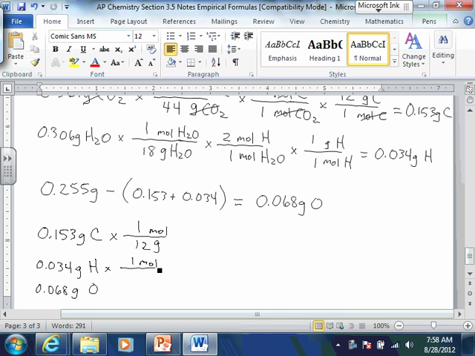In 1 mole we have 1 gram of hydrogen. And in 1 mole we have 16 grams of oxygen. So then when we work all this out, these are moles.